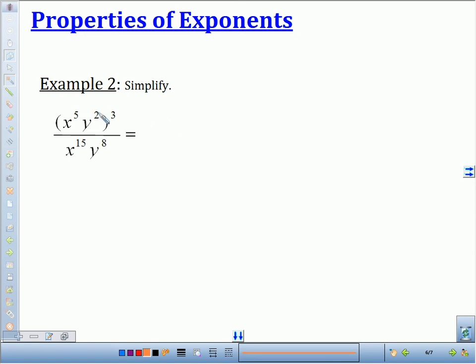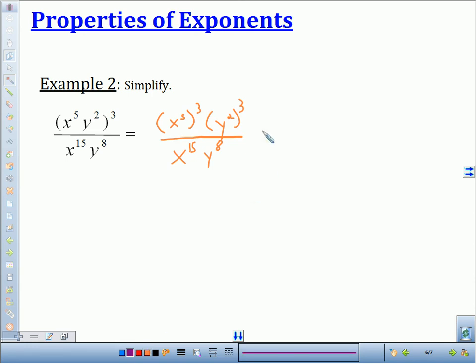And it says that I would raise each individual term to the 3rd power. So I'm going to rewrite this as x to the 5th to the 3rd power times y squared to the 3rd power. On the bottom, nothing's happened yet. X to the 15th, y to the 8th is just going to stay that way.